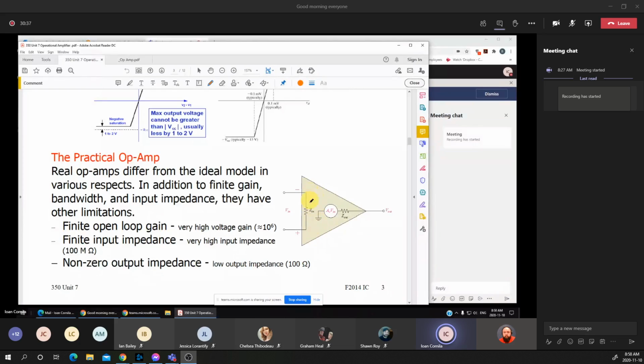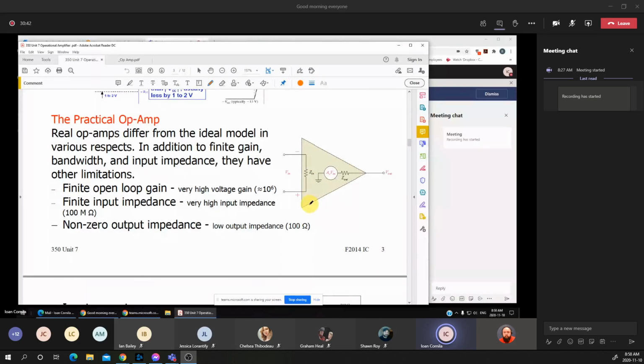Going to practical or real op amps, the input impedance will have a very large value, like 100 mega ohms, meaning it's still a very high input impedance, which requires a very small amount of current.